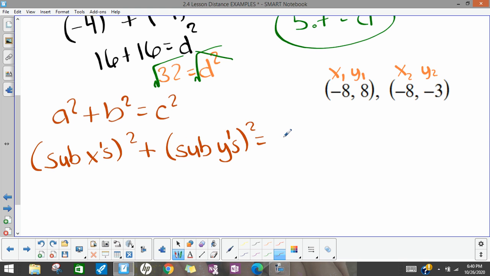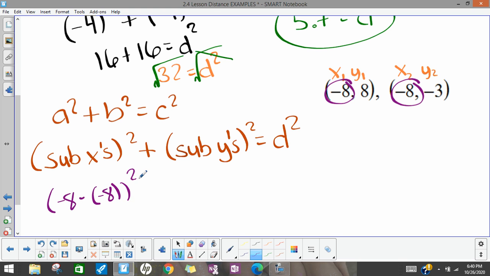And I change C to D for distance. So when I subtract the x's, I'm doing -8 minus -8. When I subtract the y's, I'm doing 8 minus -3.